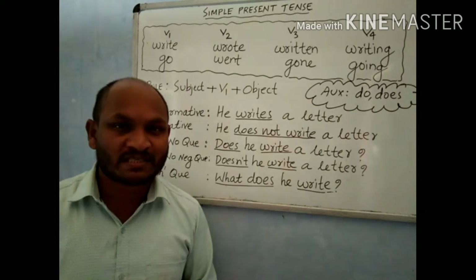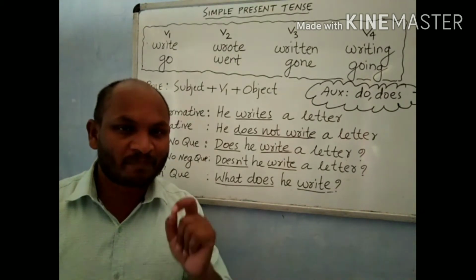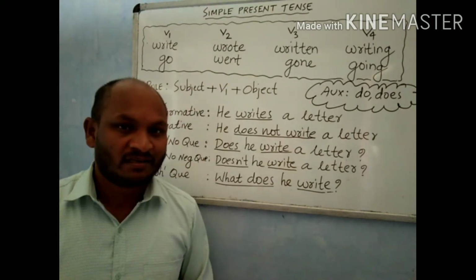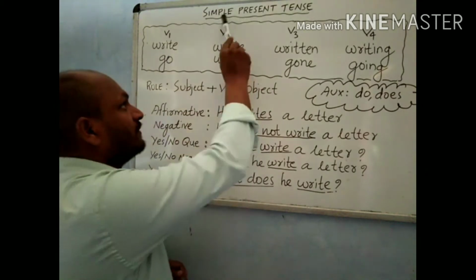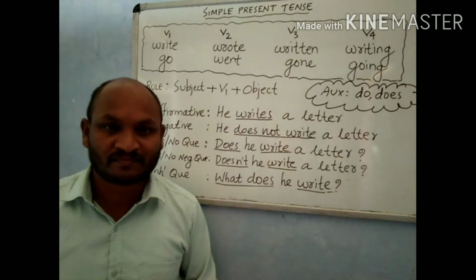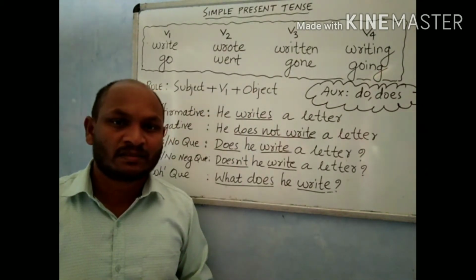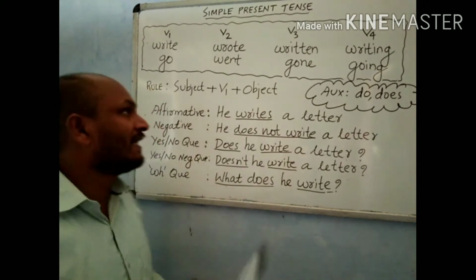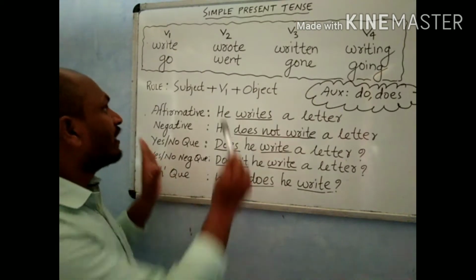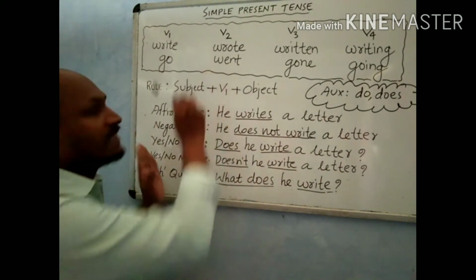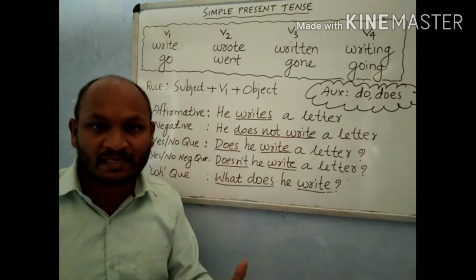Today we are going to discuss a very important topic of grammar, the tenses, and its first subdivision, simple present tense. Now you can see a chart of verbs. We have written only two verbs here to make you understand.